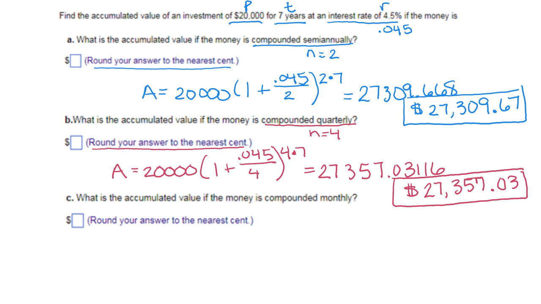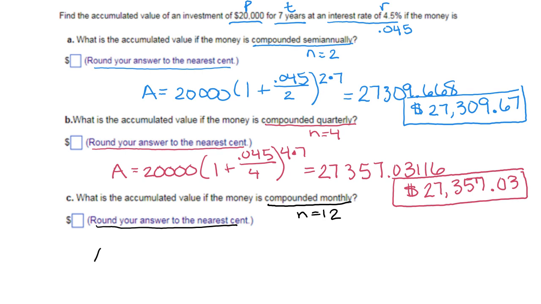Okay, and on the next one, let me see if I can go ahead and do this in black color. We'll round again to the nearest cent, compounded monthly. That's giving us N is equal to 12 times a year, so every month.